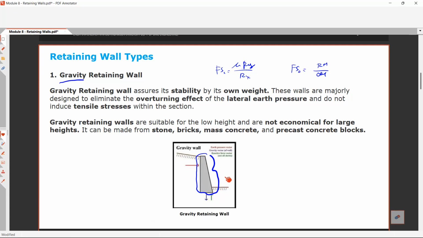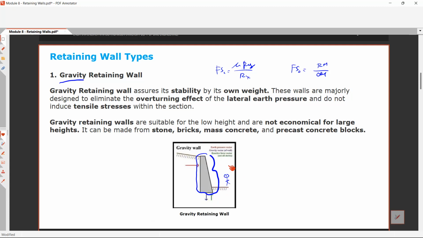The whole retaining wall will overturn, then the soil here, where maybe someone is working, will overturn and the whole structure will collapse.